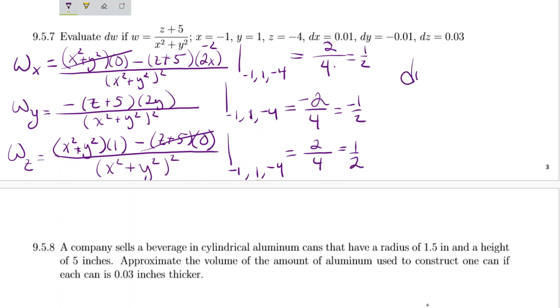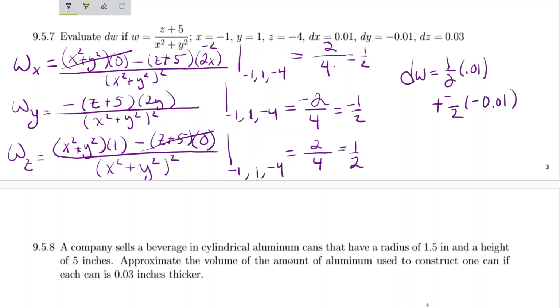Okay, so what's dw? Well, it's my differential with respect to x, my partial, times my dx, plus my y partial times my dy. Perfect.